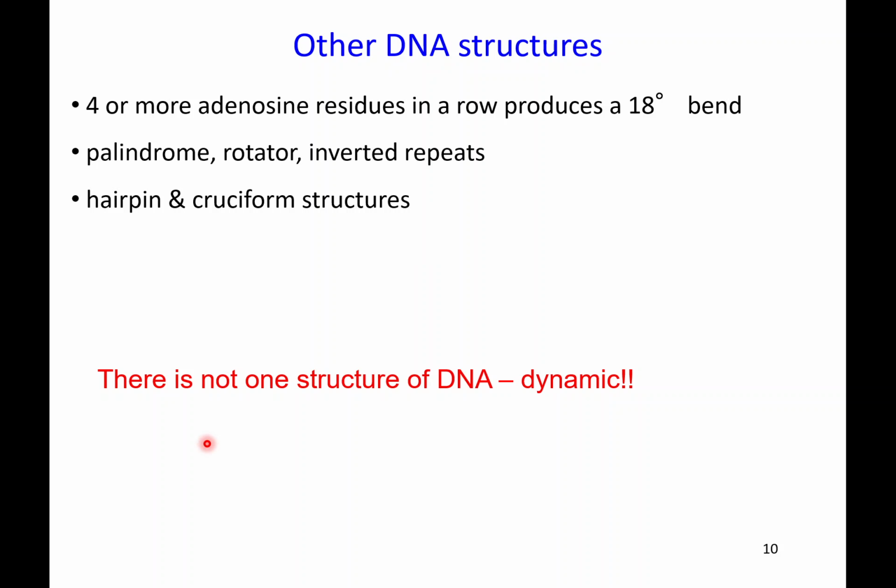The take-home message is there's not one structure of DNA. It's a dynamic molecule, which is actually important, because if it was more like a protein where there was one 3-dimensional shape, and maybe it has some movement to it, but it doesn't really adopt other totally different structures, it'd be very hard to unwind it and be able to replicate it or express genes from it.